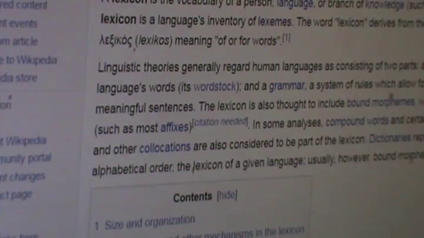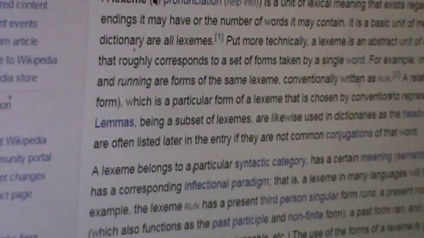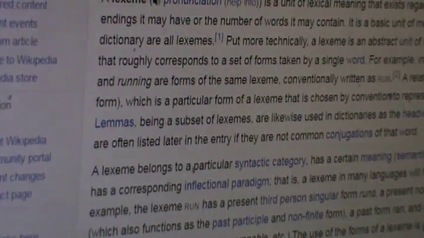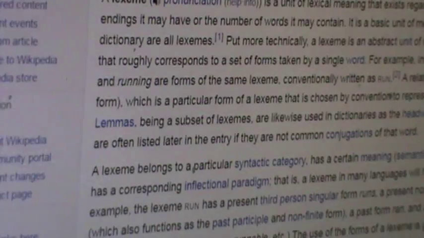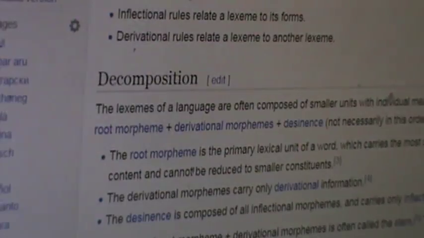Oh, I see. A lexicon consists of lexemes.